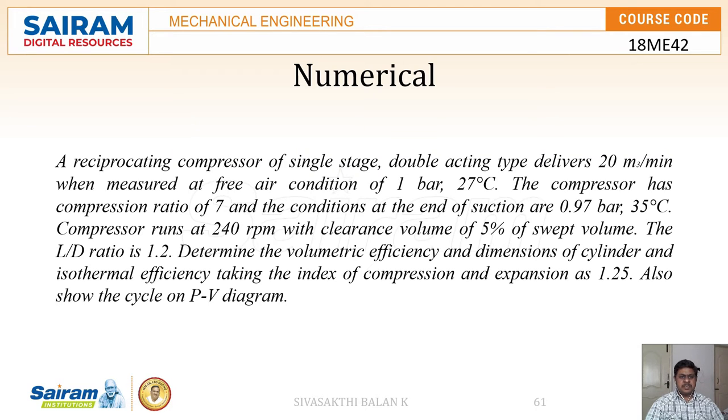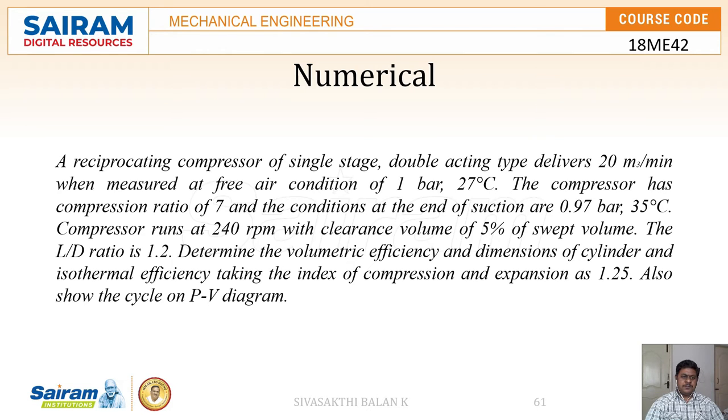The compressor has a compression ratio of 7 and the conditions at the end of the suction are 0.97 bar and 35 degrees centigrade, that is the P1 and T1 given here, and the compressor runs at 240 rpm. The revolution speed of the compressor is given and the clearance volume is 0.05 or 5% of swept volume.